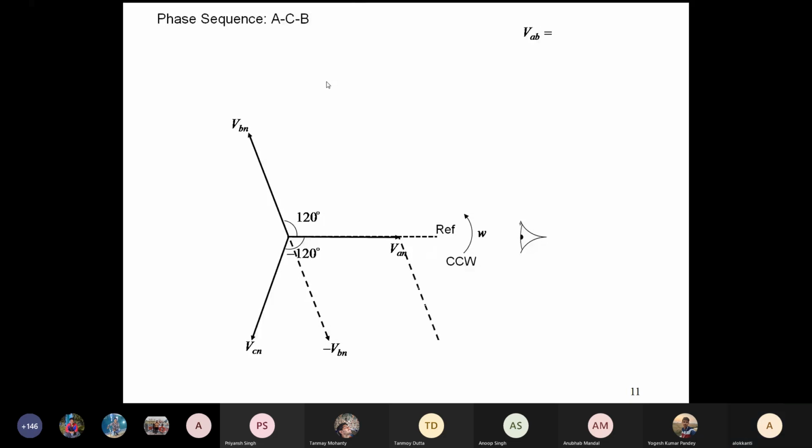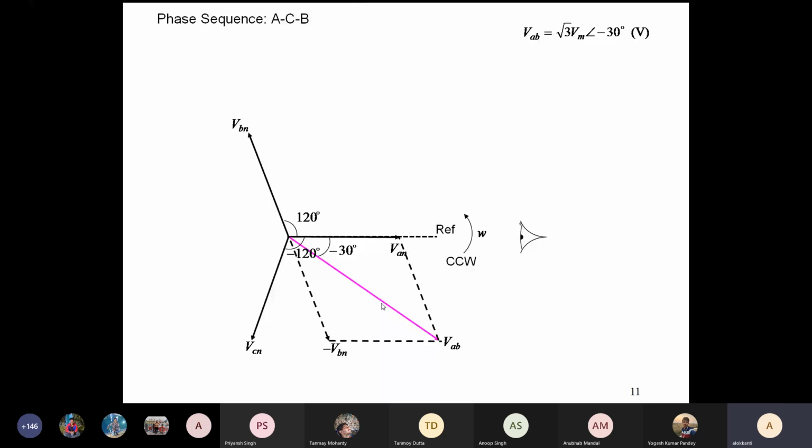So your VAB is here. What is the angle? Minus 30 degrees. And magnitude? Root 3 times the maximum. So the magnitude is root 3 times VM at an angle minus 30 degrees.